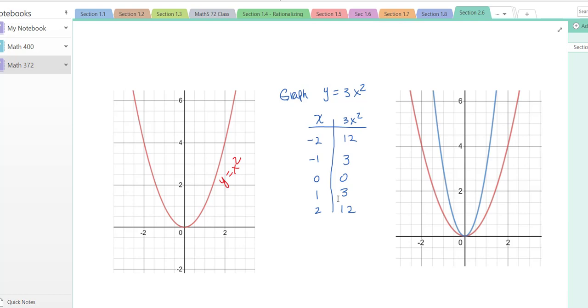So we end up getting a graph that is stretched out like this one. The graph here on the inside is our y equals 3x squared.